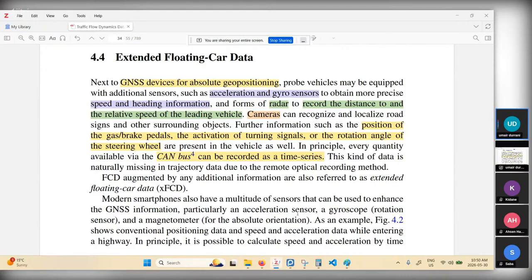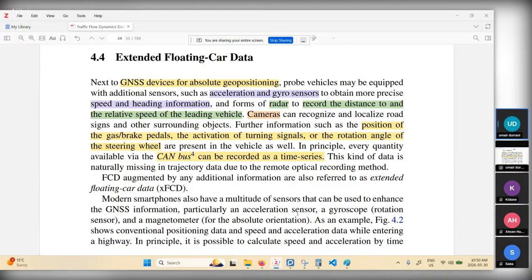If we have a radar mounted on the vehicle, we can get that information. This is exactly what the autonomous vehicles also use. And if we have a camera mounted, then we can also recognize the road signs using machine learning algorithms. And we also understand what is surrounding the vehicle.